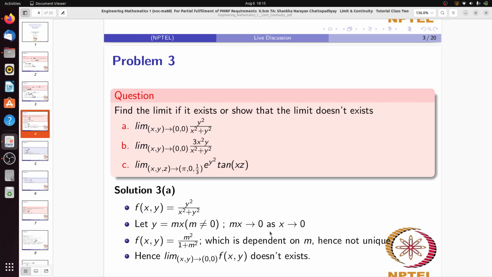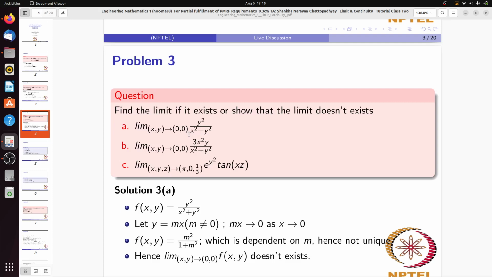We have to choose a suitable path y equal to mx such that this functional value is not unique, because we know if the limit exists, then the limit should be unique. It is a fundamental property of limits, and a very beautiful property, of course, that if the limit exists, then it will always be unique.